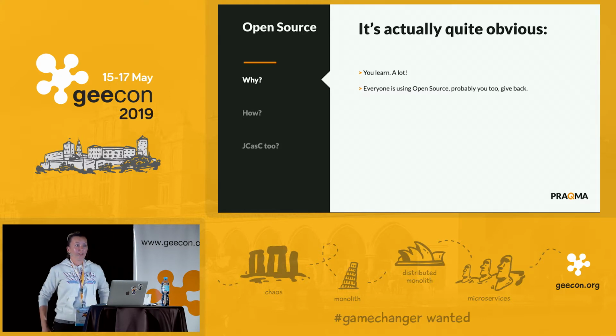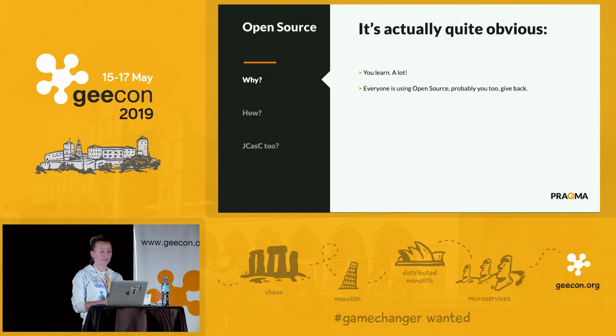Also, many of you probably are using open source. And I work for a huge company right now, and they rely on open source products. So I think it's only fair to give back. And also, the bigger and stronger the community, you can hope that the open source product you're using won't simply die.